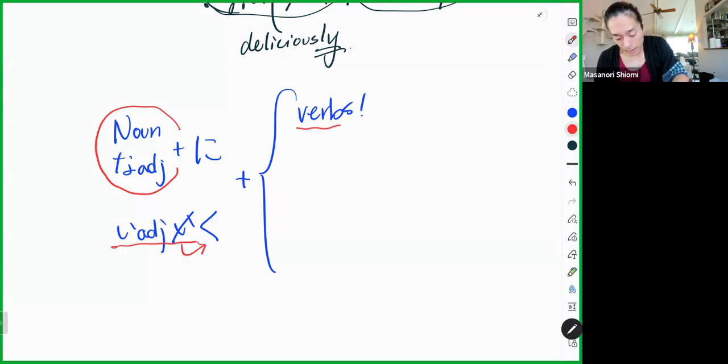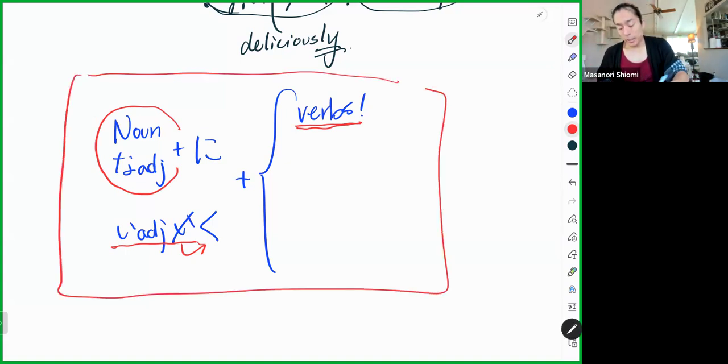And then now, after that, we can combine with any verbs. Good. This is the bigger picture that I want you to really hopefully memorize.